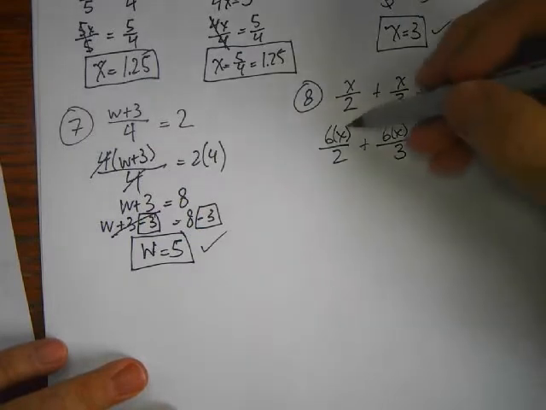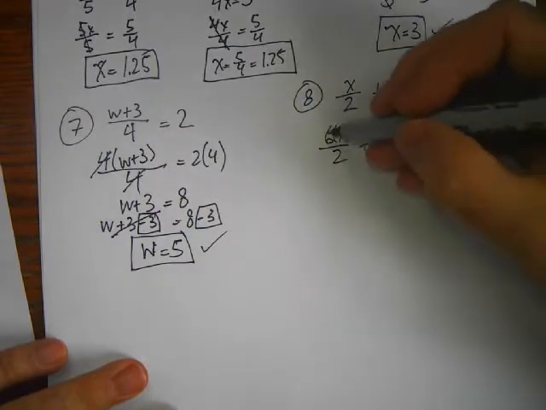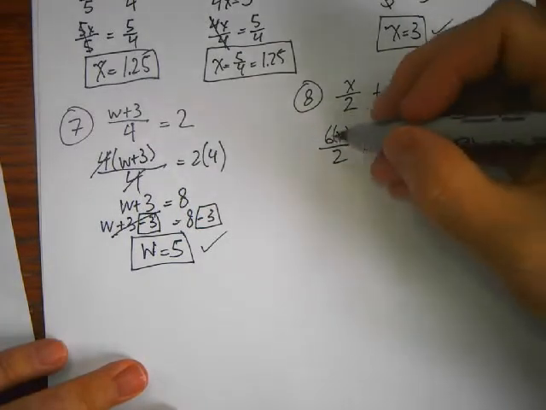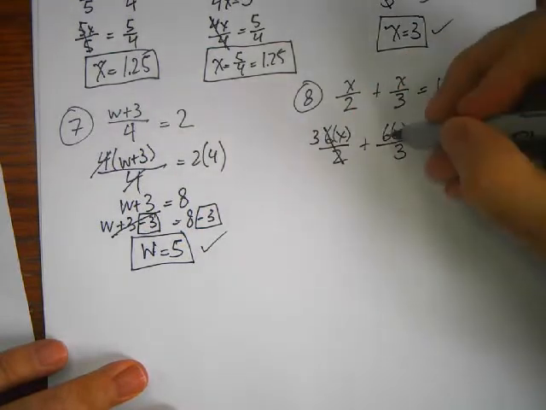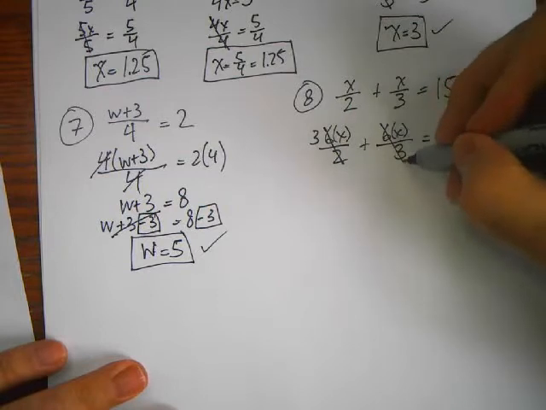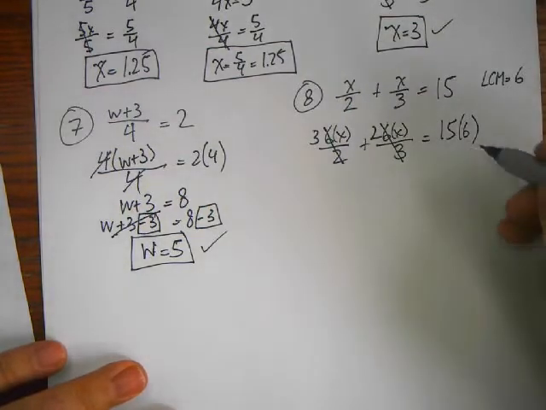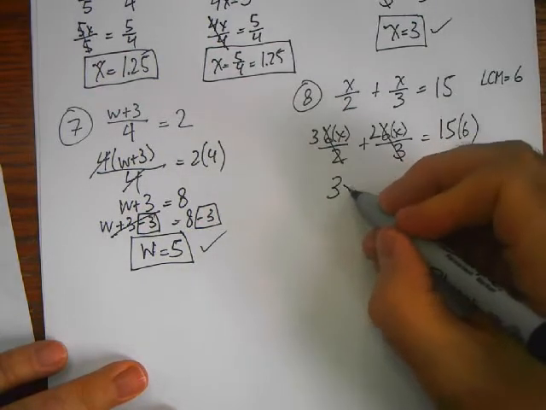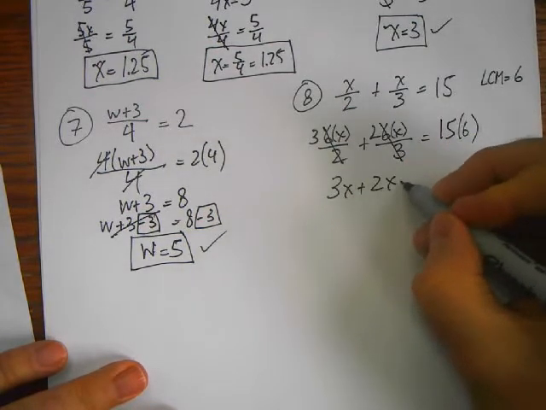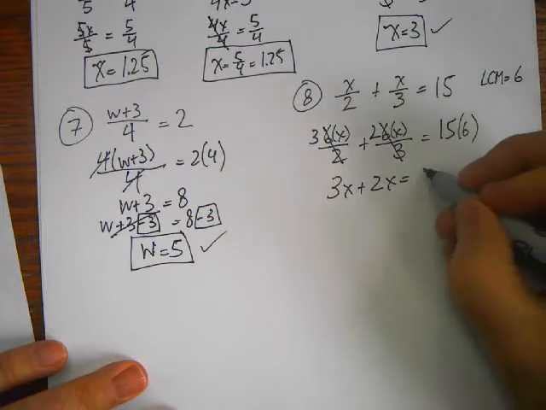Okay, so we can do a little bit of canceling here. These don't get totally eliminated, but 6 divided by 2 is really 3. And 6 divided by 3 is really 2. So if I just write what we've got left over here, I've got 3x plus 2x equals 15 times 6 is 90.